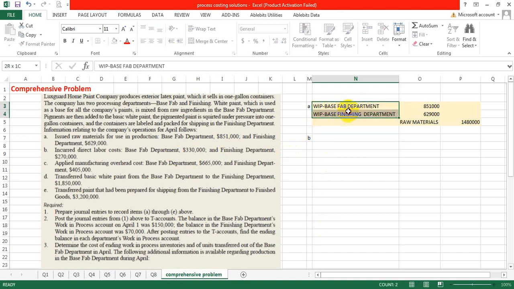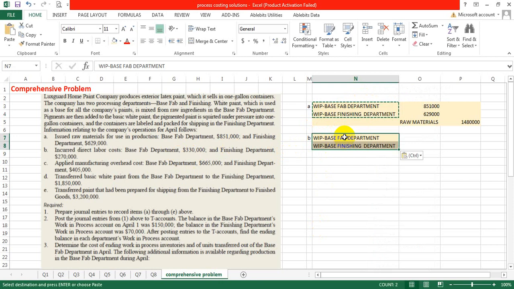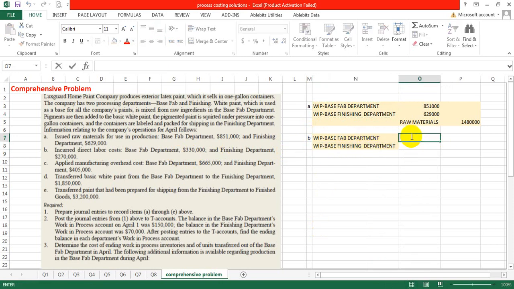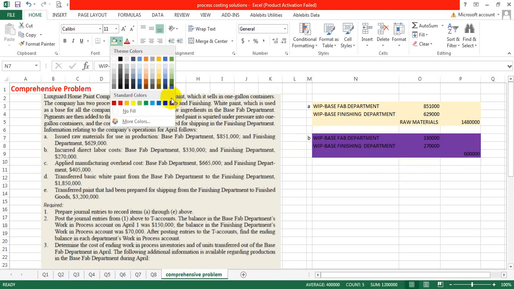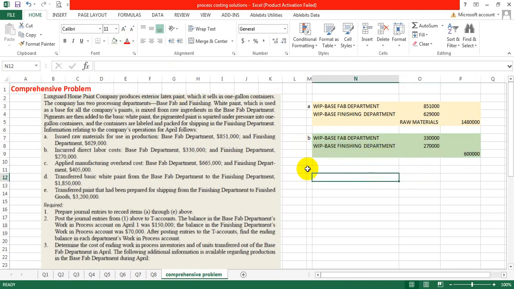I can copy these two values from there easily. Base fab department and finishing department, the values are 3,30,000 and 2,70,000, and the total labor cost incurred in the departments is 6 lakh, right. So we will record this as well.